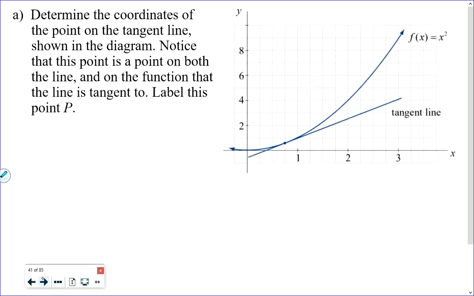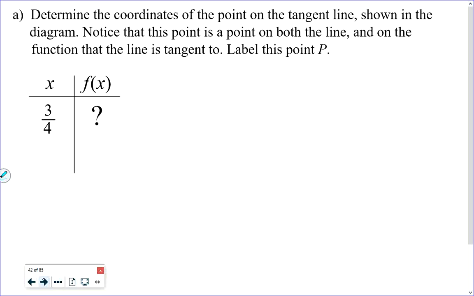Well, if we talk about the coordinates of the point, that point that's on the tangent line whose equation we're trying to find, that point has an x coordinate of 3/4, but it's also a point on the function y equals x squared. So finding the y coordinate of that point is really simple. Right? It's a point on the line, but it's a point on the function.